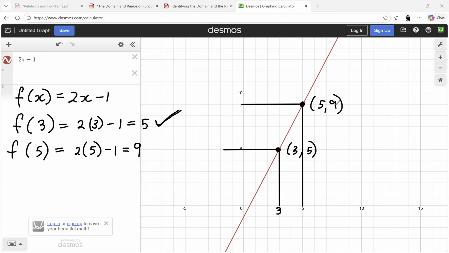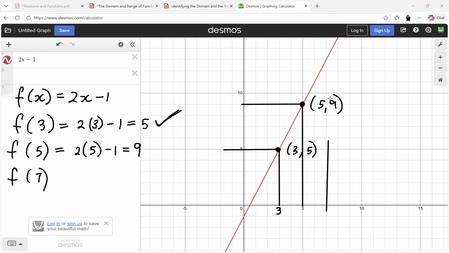Two more, Isabel. What about f of 7? What is f of 7 from the graph? 13 is correct because f of 7 is here.